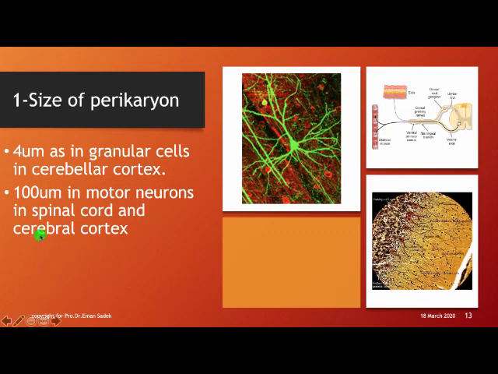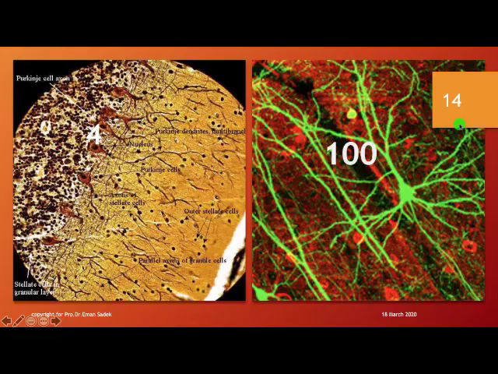Cerebrum is an example for the presence of larger cells, which are the motor neuron pyramidal cells present in the cerebrum, as well as the motor neurons, which are the anterior horn cells present in the spinal cord. So again, we have here the larger cells, motor neurons present in the cerebral cortex, and here we have the granular cells. These small dark dots are the granular cells present in the cerebellum.